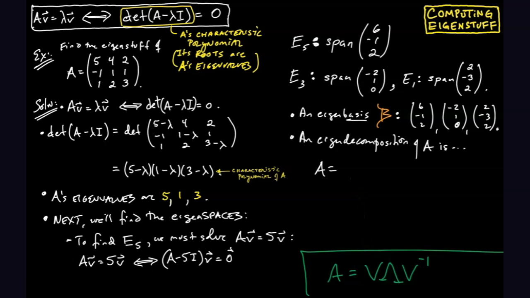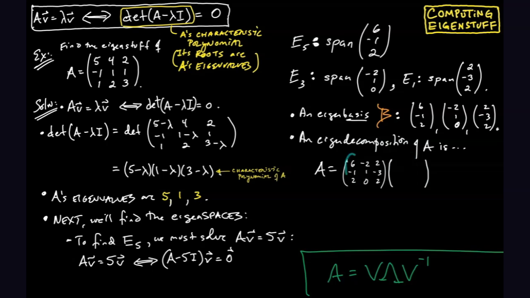The first matrix will be this one, whose columns are the eigenvectors in our eigenbasis, crazy B. Then we are going to get our diagonal matrix, whose diagonal entries are the eigenvalues. But remember, we have to take care to make sure that the eigenvalues match up with the appropriate eigenvectors.